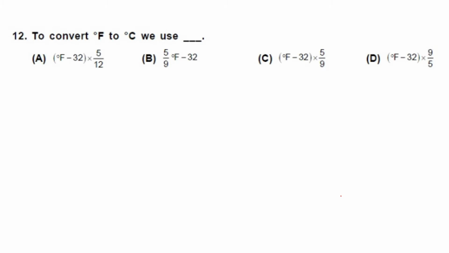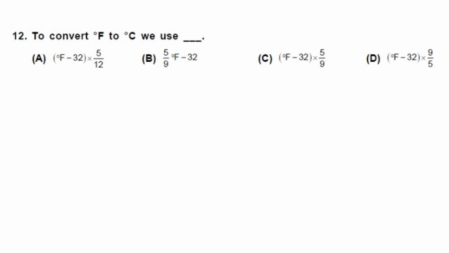The question is how to convert Fahrenheit into degree Celsius. What is the formula we use? Well, to convert Fahrenheit to degree Celsius, we have a standard formula which is F minus 32 into 5 by 9.